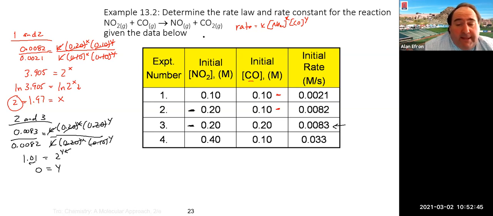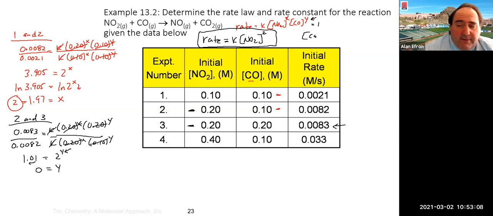At this point, what that means is our actual rate law in this case would be the rate is equal to K times NO2 squared. Because this is to the 0 order, we typically wouldn't put it in because that would equal 1. So this would really be sort of our completed rate law.